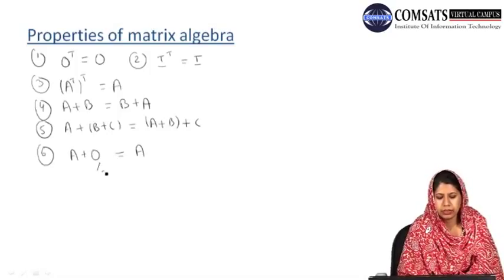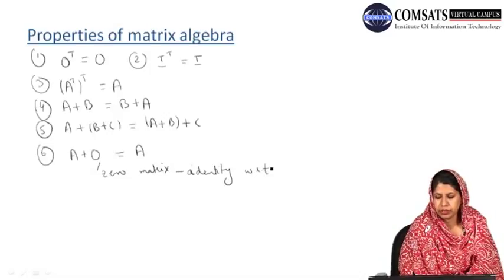That is, the zero matrix is nothing but the identity with respect to the addition of matrices, and it acts like the number 0 on the real line.